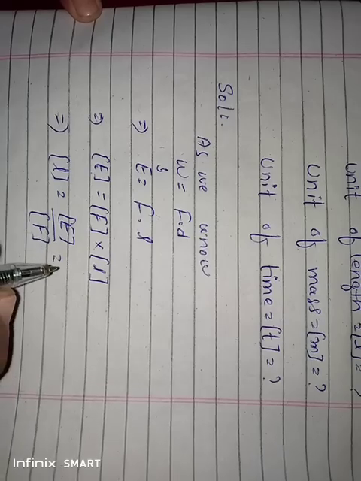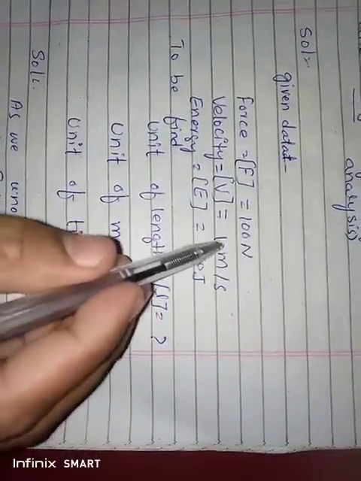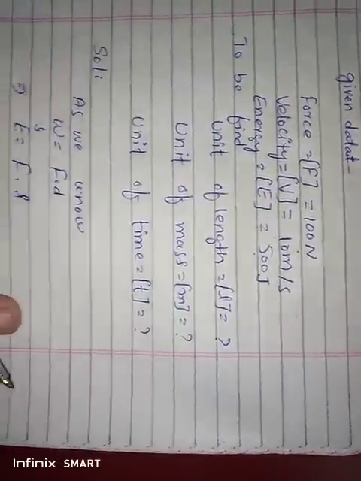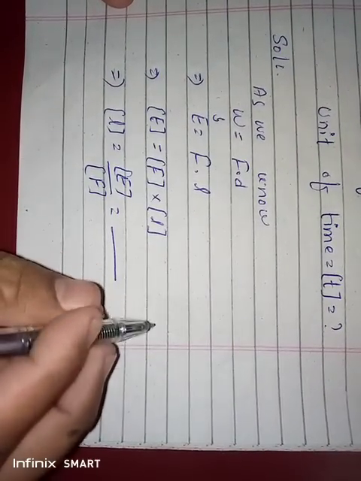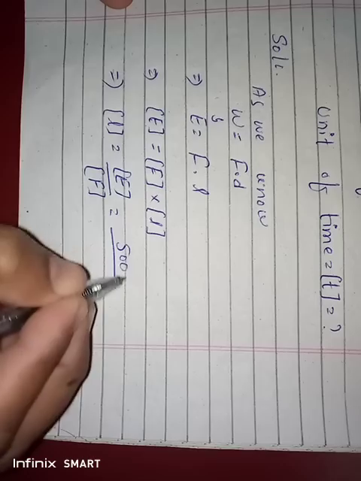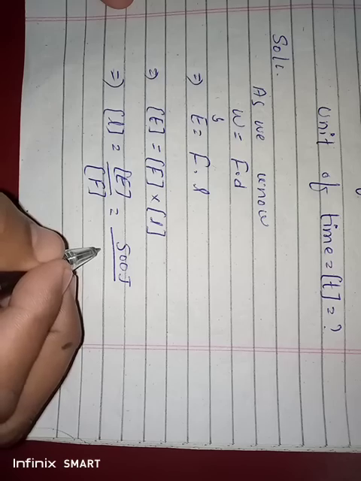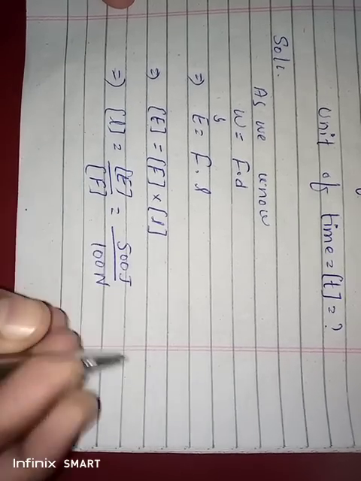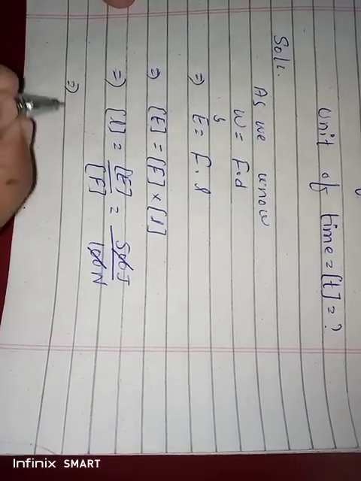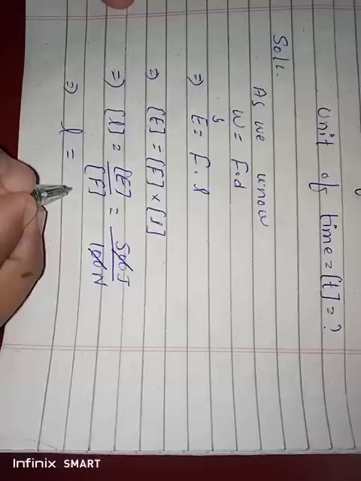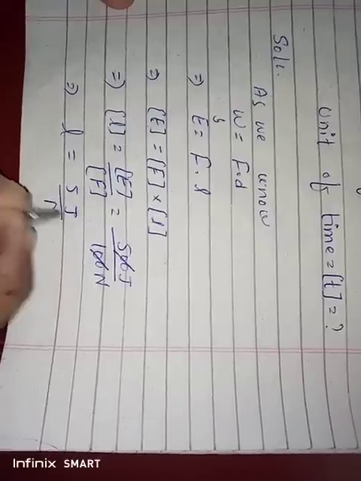By putting the values of F and E from the given data, E is 500 joule divided by force, 100 Newton. These two zeros will cancel with these two zeros, and length L is equal to 5 joule per Newton.